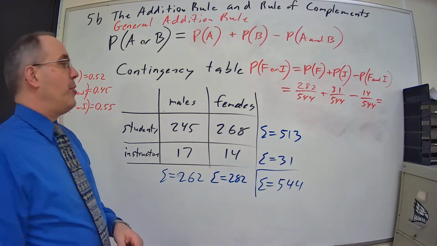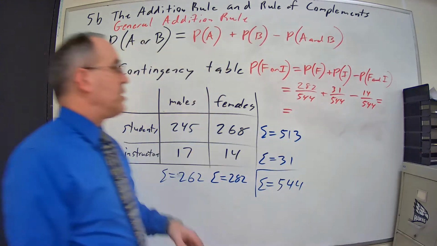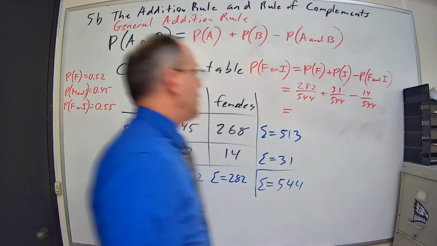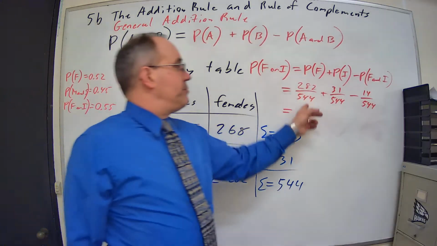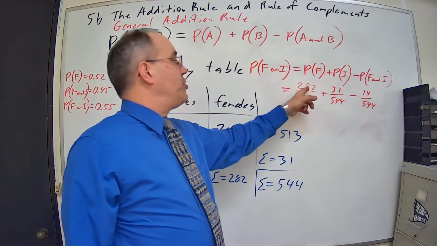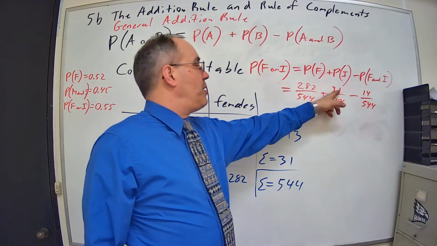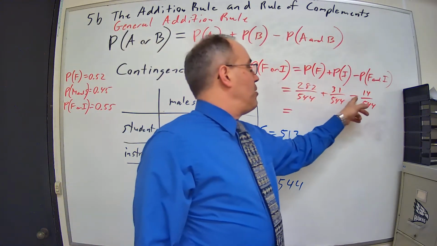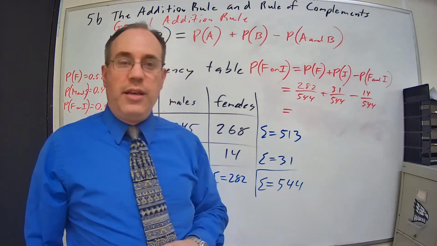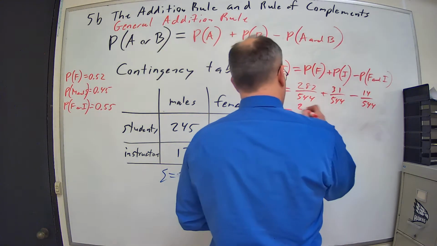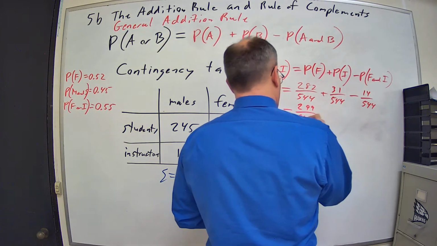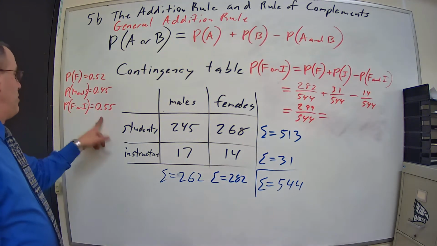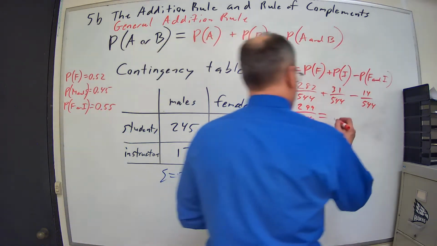So what's the probability that we select a female or an instructor? Common denominator, so 282 plus 31 gives me 313, minus 14 gives me 299 over 544, or 0.55.